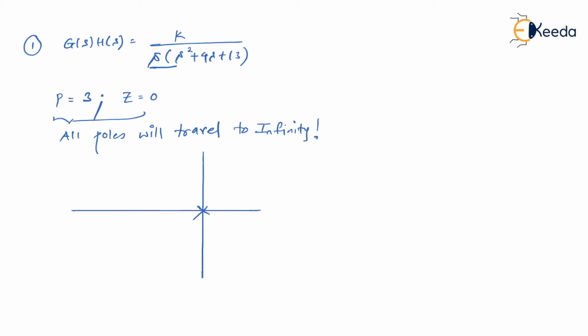So at my end I have already calculated. I'll just write the values of poles I have. So one pole is at s equal to 0 and the other complex conjugate poles that I have got are -2 plus minus j3.